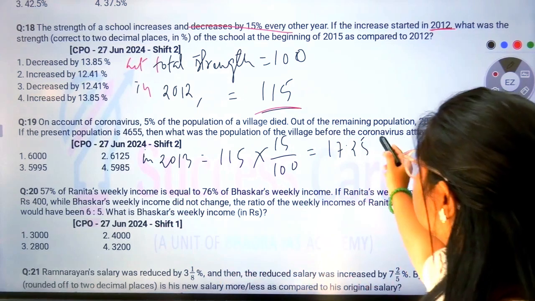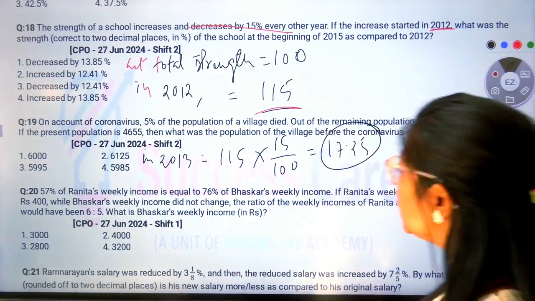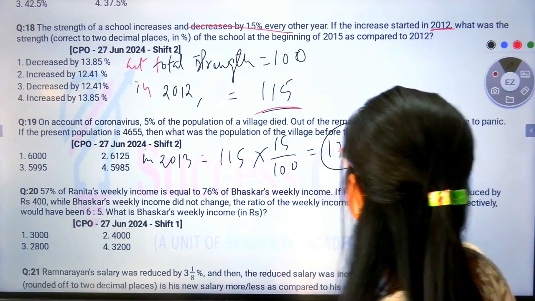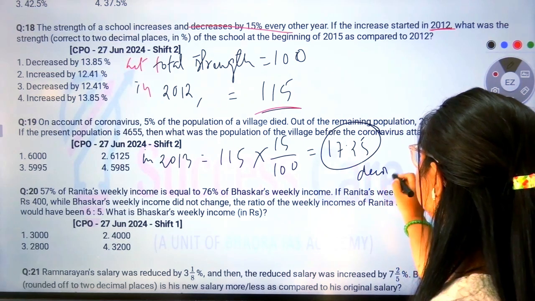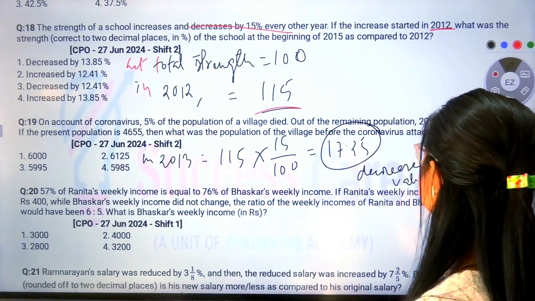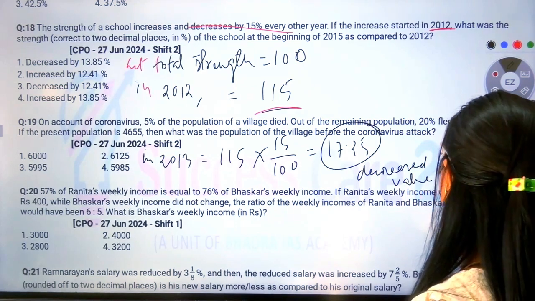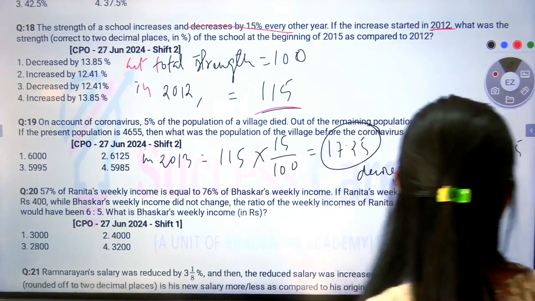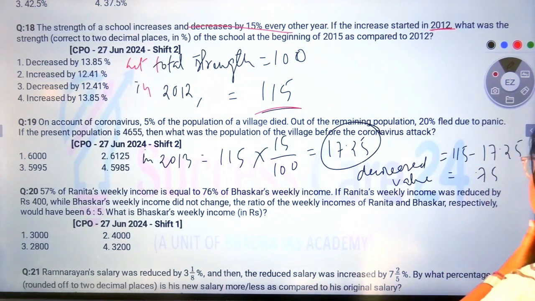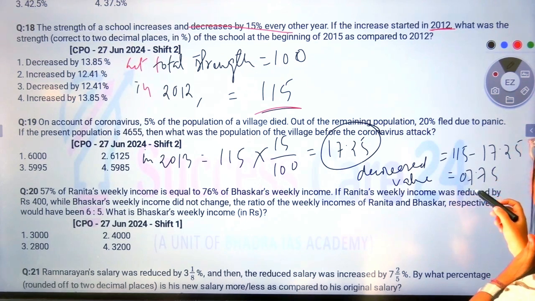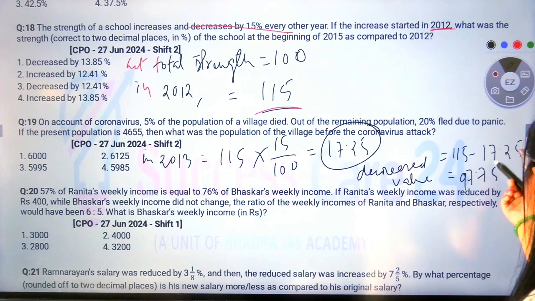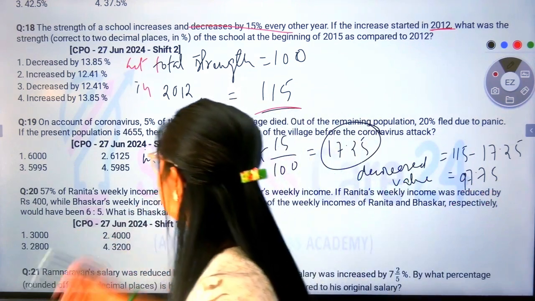The decreased value is 115 minus 17.25. So how much would I get? 97.75 is the value in 2013.